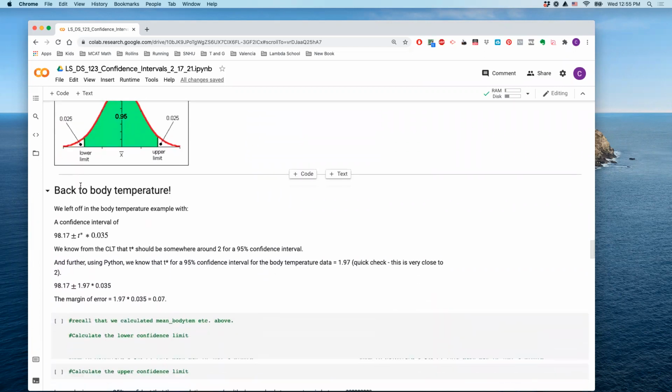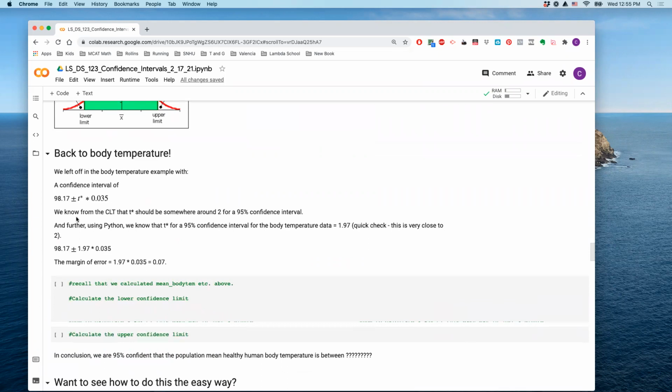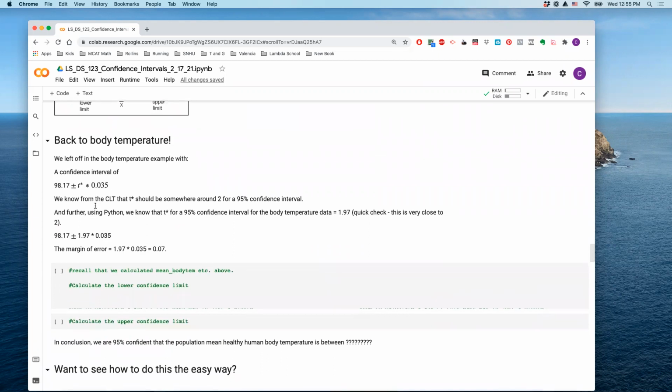But again, just wanting to point out that our value of t star here is a number that's really close to 2. So coming back to our formula, we've got all these pieces that we already calculated earlier. The one thing that we need to add in is t star. So we're going to have our 95% confidence interval. We expect this to work for 95% of samples that we could have collected.